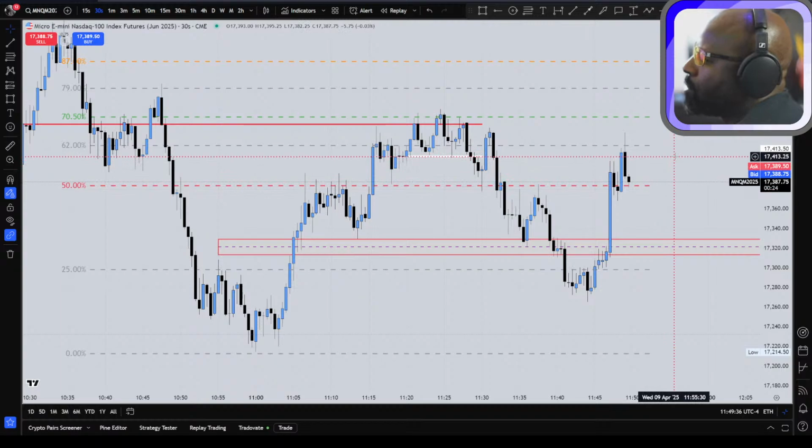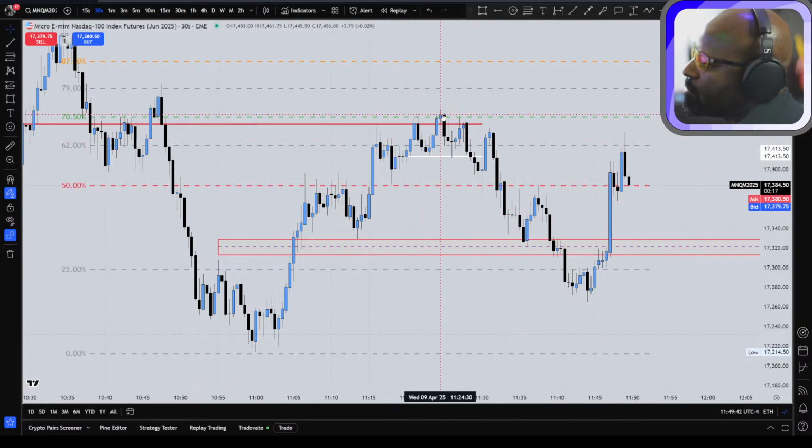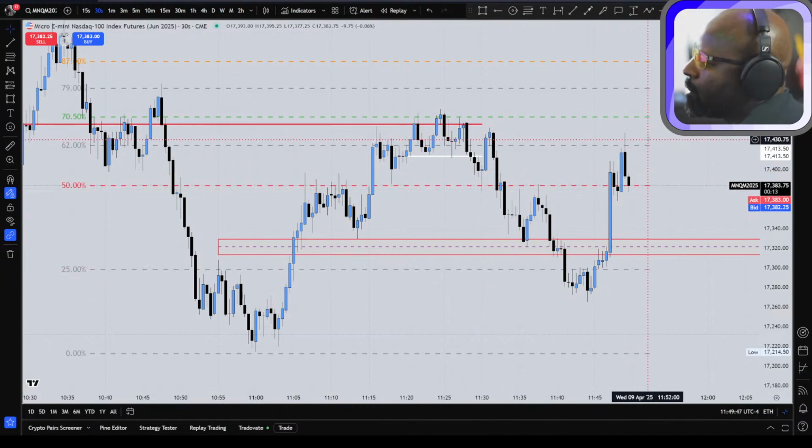So I just went down to the 30-second chart to see if it's going to give us any opportunity to get short here at this level, because this is the 70% retracement. We ran down to the 25% retracement, and then we returned.